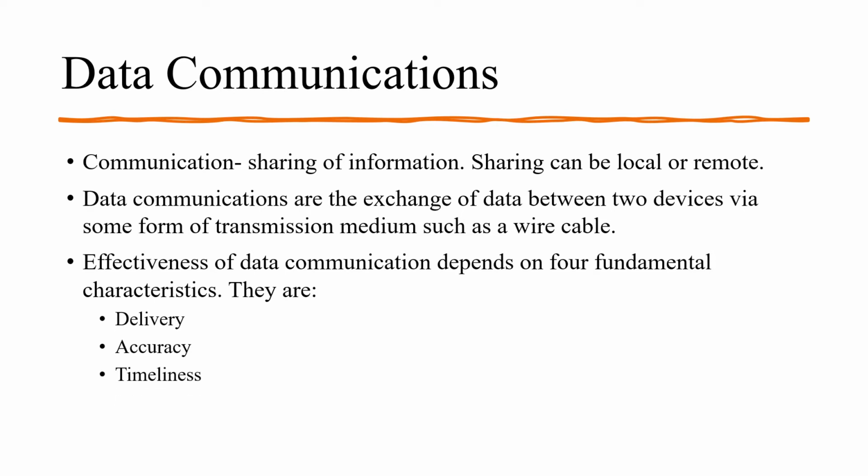Then we have timeliness. The system must deliver the data in a timely manner. Data delivered late are normally useless. In case of video and audio, timely delivery means delivering data as they are produced, in the same order that they are produced, without any significant delay. This kind of delivery is called real-time transmission.